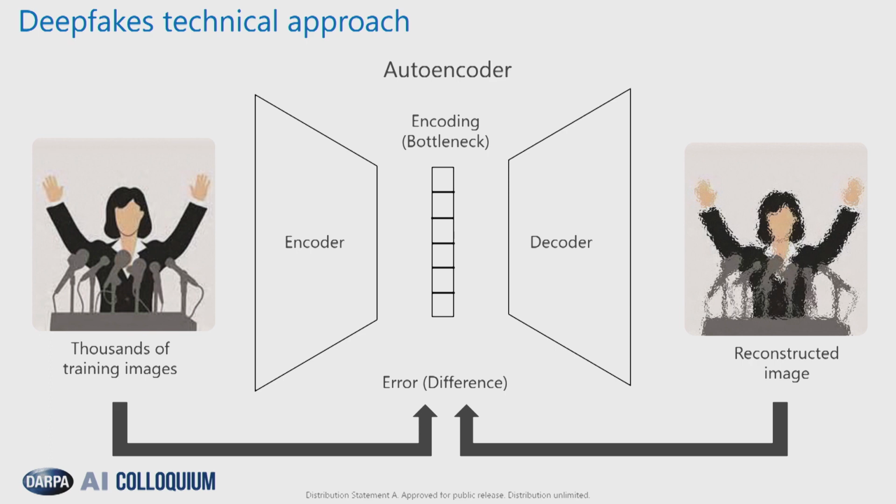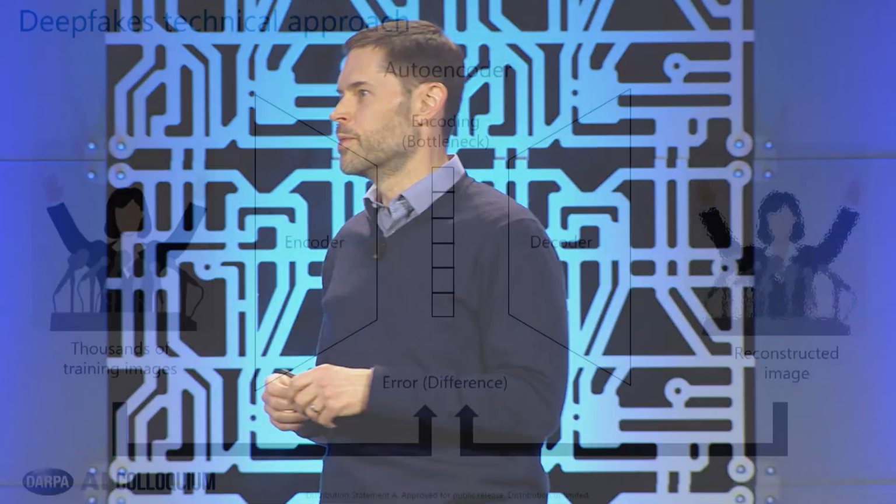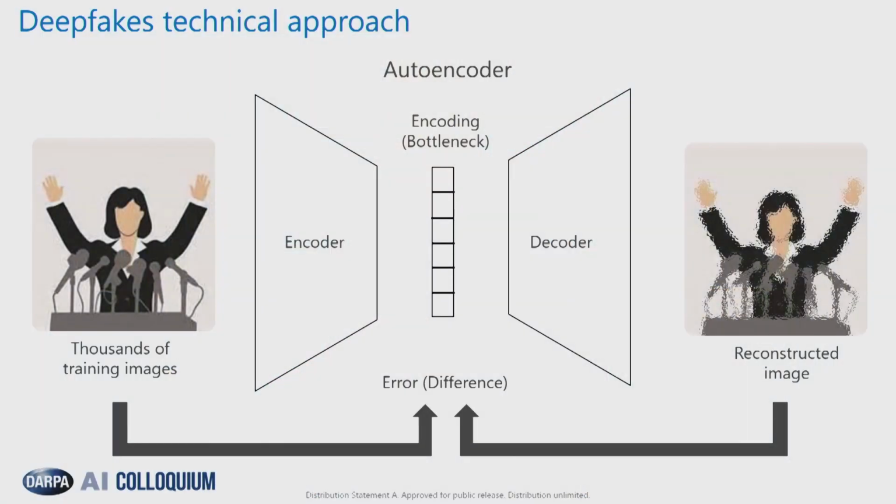And it's the job of the decoder to reconstruct that encoding to make an approximation for the input image. This gives us an unsupervised way to learn a semantically meaningful representation of the data. And by comparing the difference between the input and the output data, that provides us an error signal that we can use to update the weights in the network during training.